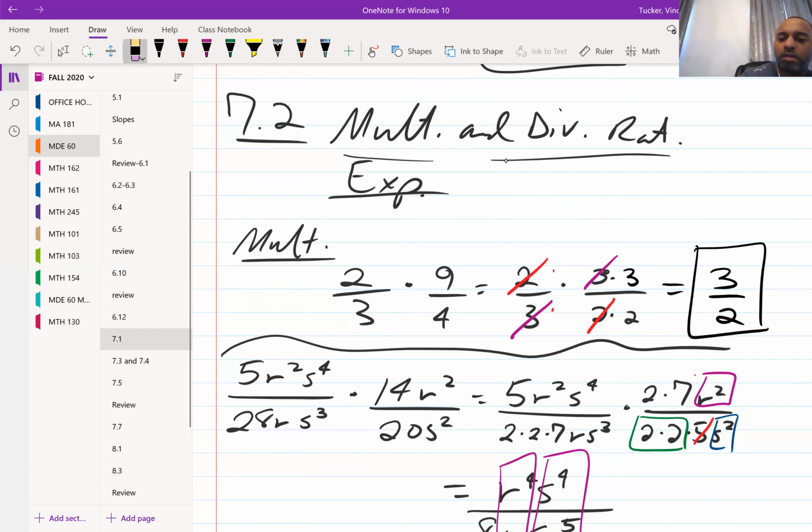And I broke down the 4 into 2 times 2. 14 is 7 times 2. And then 20 is 4 times 5, but then I broke down the 4 into 2 times 2. So all I did was break down each number to its prime factorization, so that we can clearly see what's in common with the top and bottom.